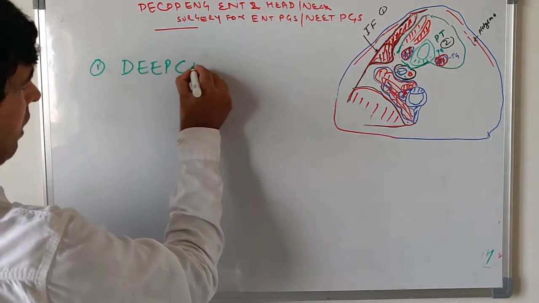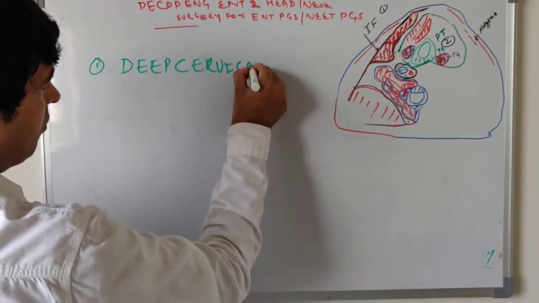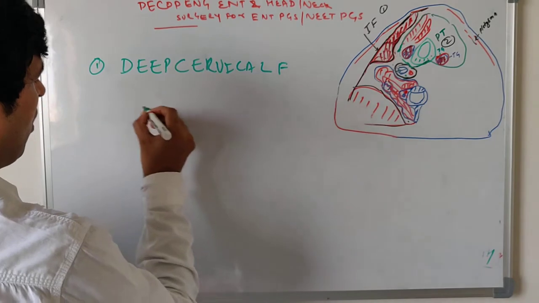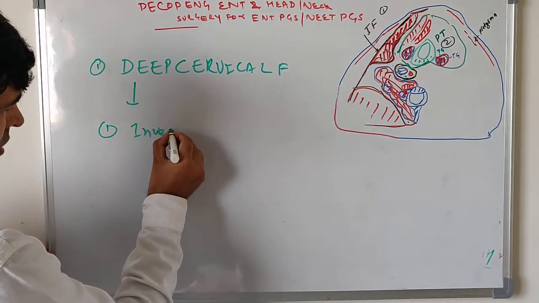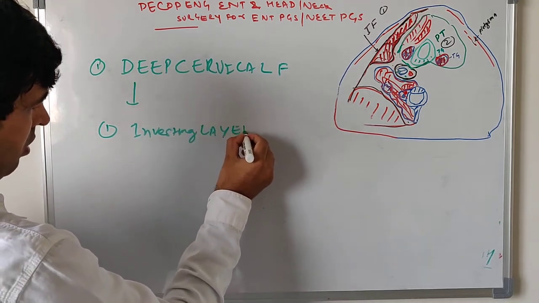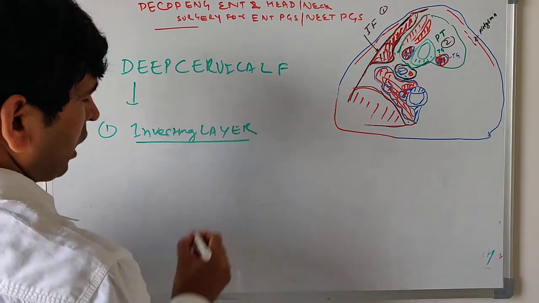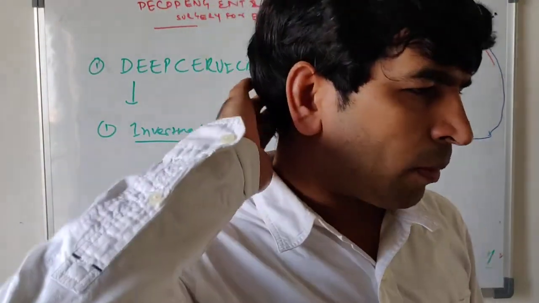Deep cervical fascia. Now we will talk about the first layer, the investing layer. The investing layer of the deep cervical fascia encircles the neck from front to back.